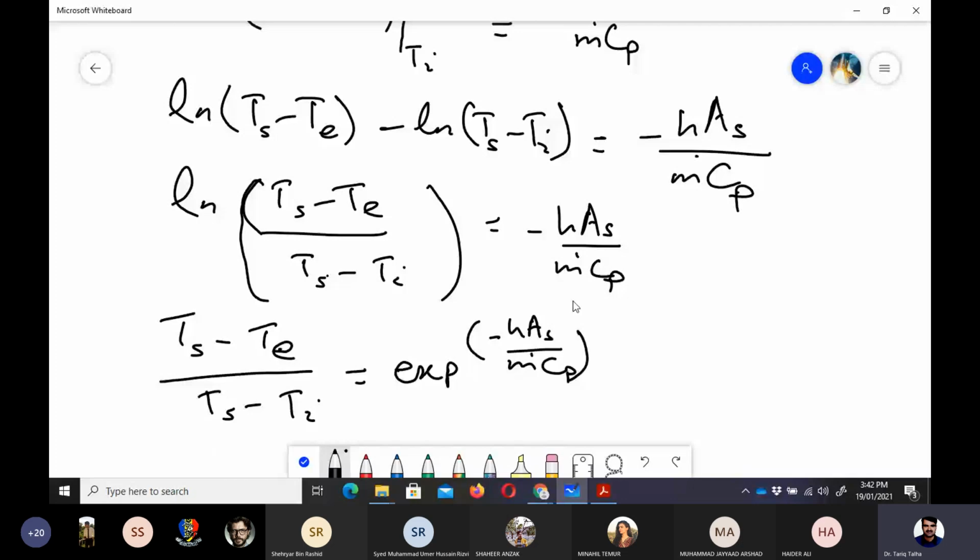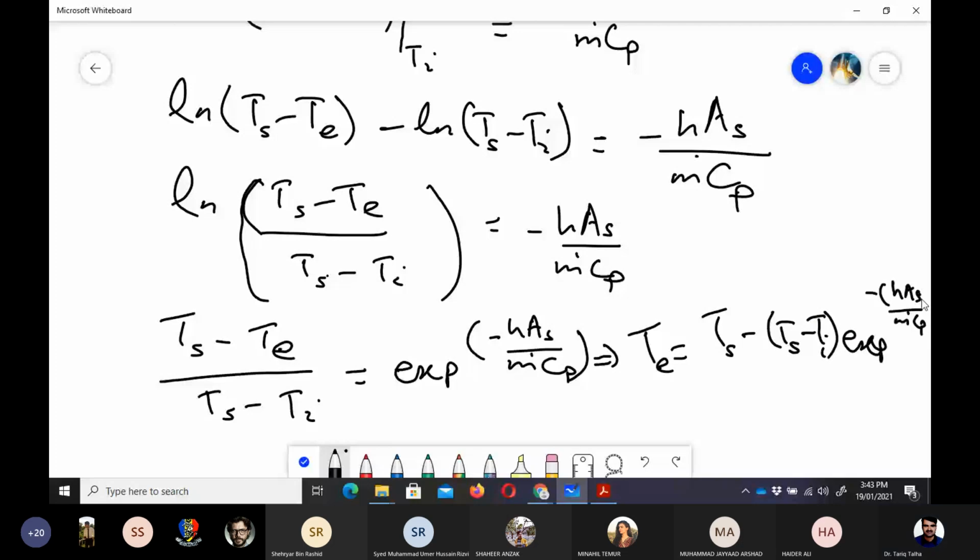So from here we calculate Te, that would be equal to Ts minus (Ts minus Ti) exponent minus hAs upon m dot Cp. So that is the same relation which we used in chapter number 7 when we talked about the flow over tube bank.